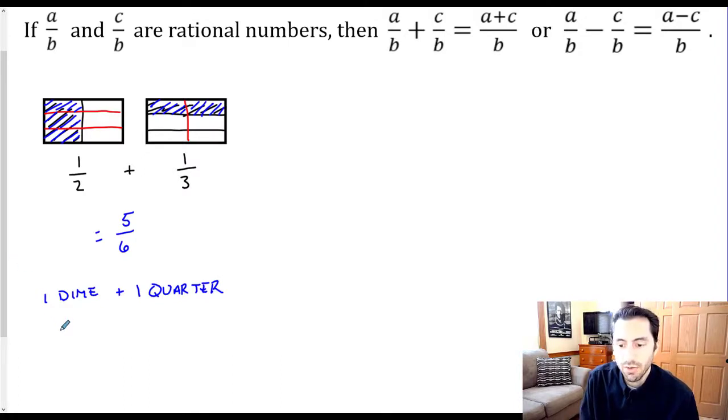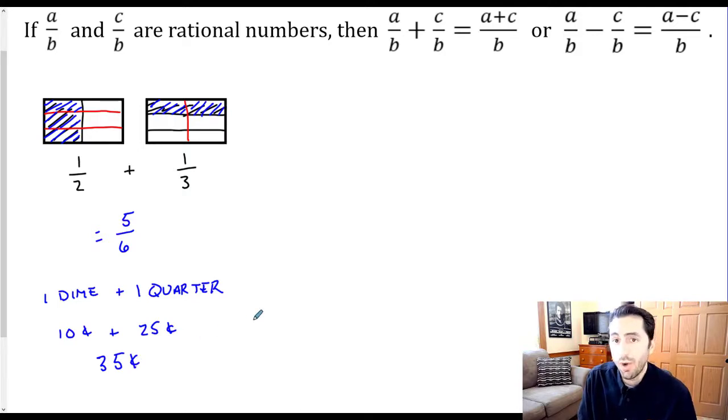But because I know a dime is the same as 10 cents, and I know a quarter is the same as 25 cents, I'm changing the size of their denomination here. So instead of saying this is 1 dime, I'm saying it's 10 pennies, or 10 out of 100, right? 10 cents out of $1. And altogether, now we can add this and we can say that, yes, this is 35 cents.